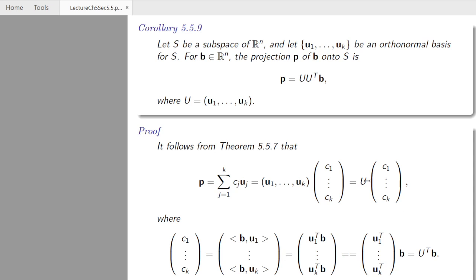So we do the substitution, then we get this. So this gave us a way to find the projection p, that's the projection of vector b onto a subspace S.